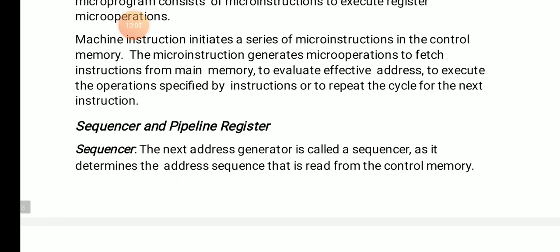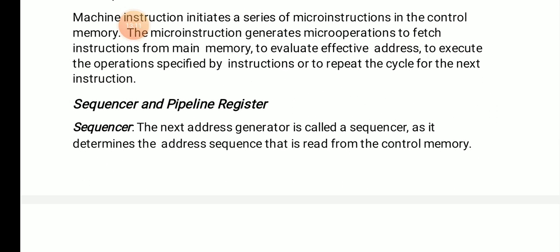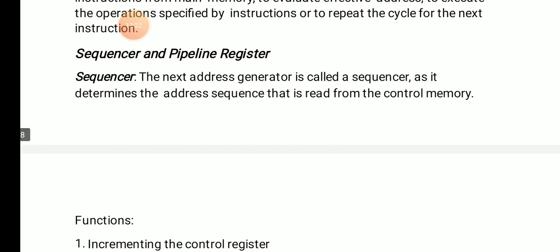Sequencer and pipeline registers. The next address generator is called a sequencer, as it determines the address sequence that is read from the control memory. Whatever you read from the control memory is given to the sequencer.